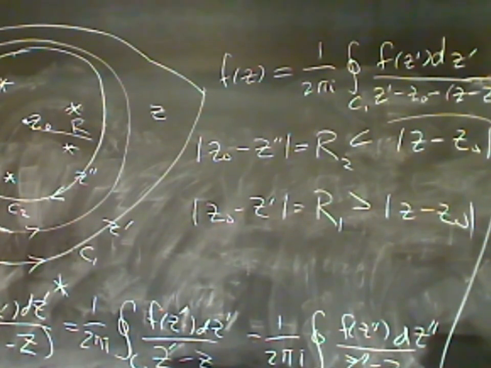The circle has to be smaller than that, and it has to be bigger than that one, and z has to lie in between. And if you pick a z out here, then you want to do something like this, and then if there are no more singularities out there, well, then you can draw the circle any way you want as long as you enclose z. So that's sort of what goes on.